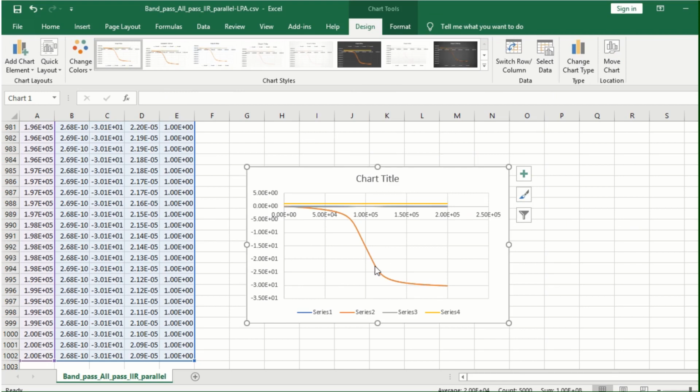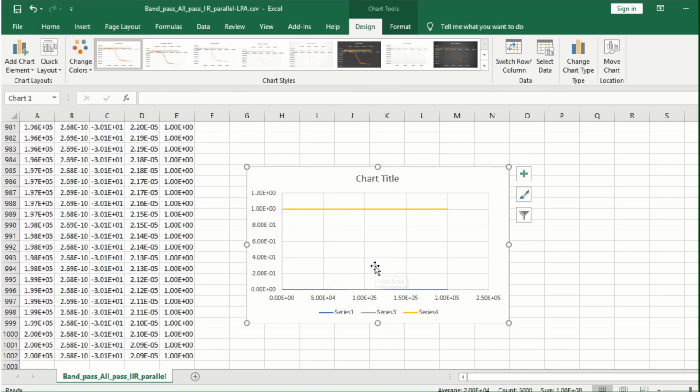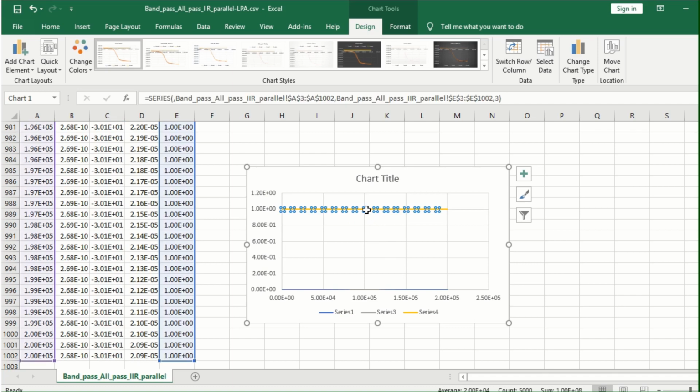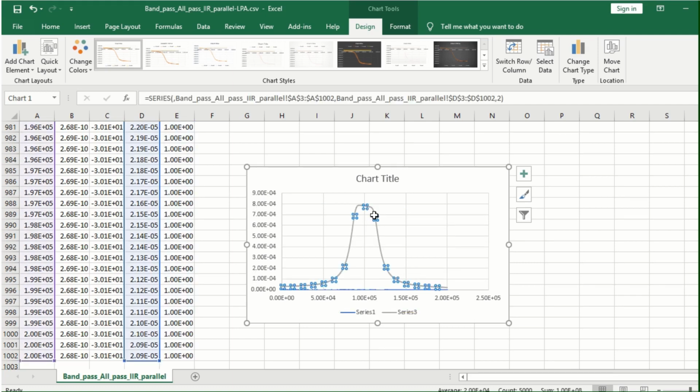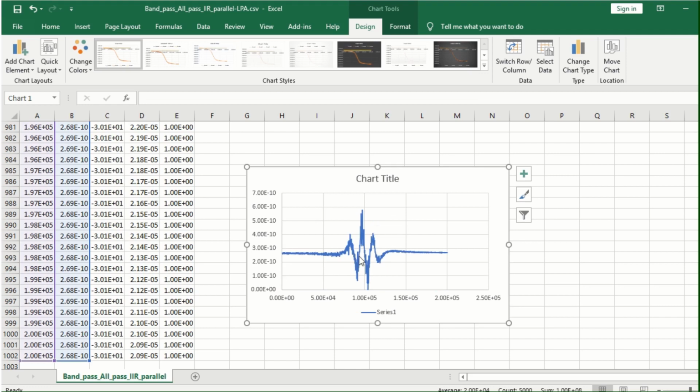Okay, this is the phase characteristic. This is the gain. This is the group delay. And this is the amplitude characteristic in decibels in logarithmic scale.